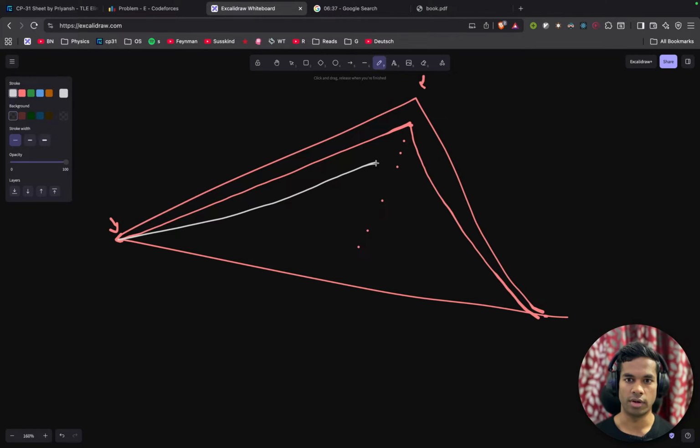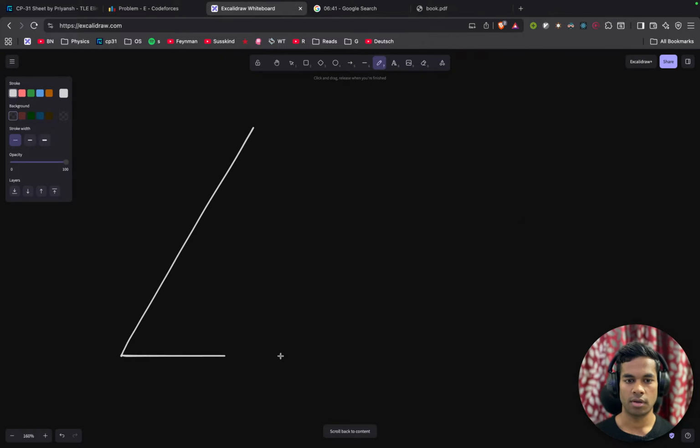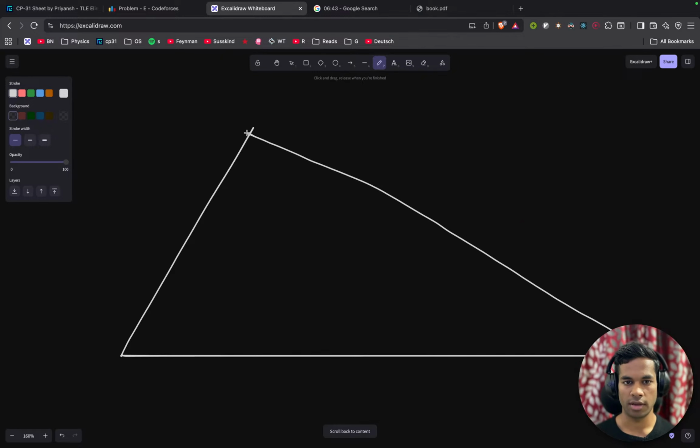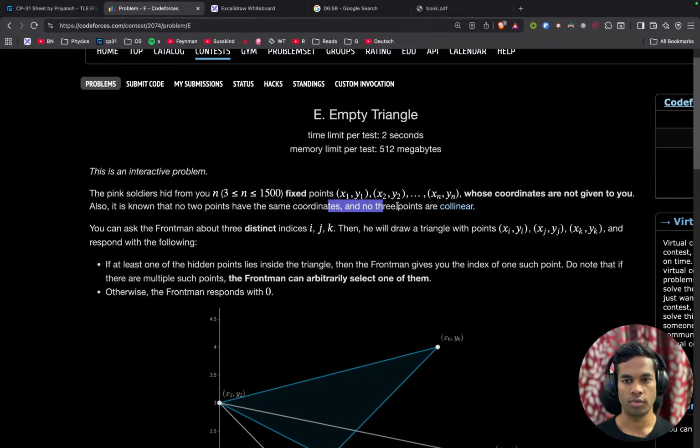Okay, so something like this cannot happen. But if we begin with a triangle that has all the points, no 3 points are collinear. That must help in something, I guess.